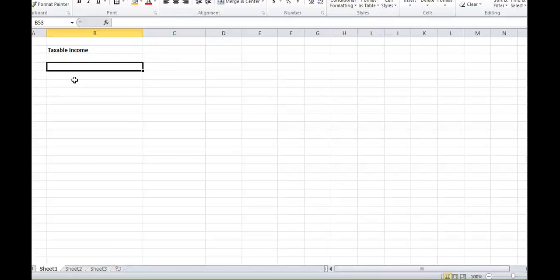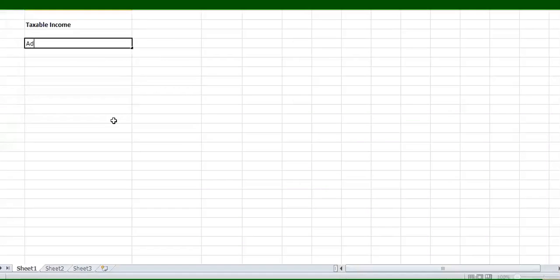So first of all, how to calculate taxable income. If you want to calculate taxable income, you just need to add all of the incomes of an individual.